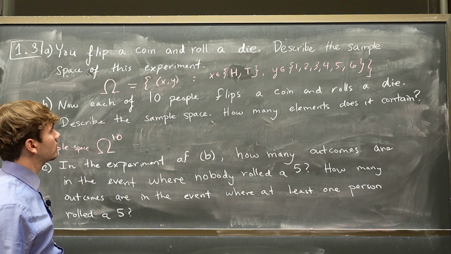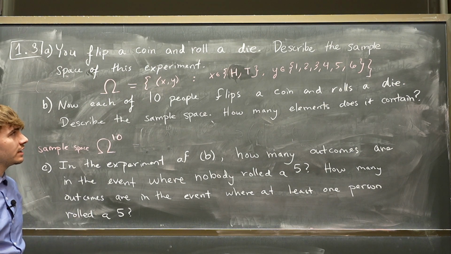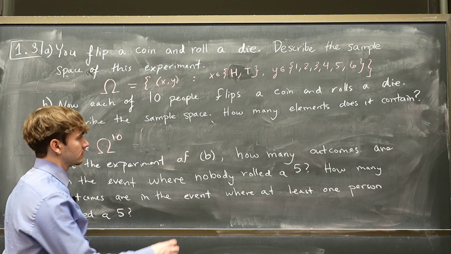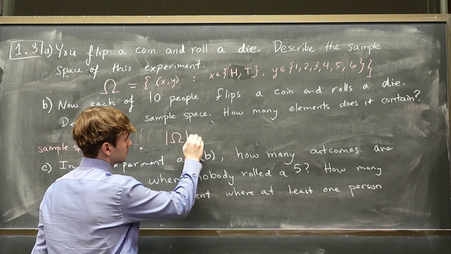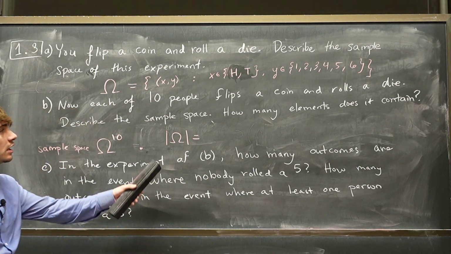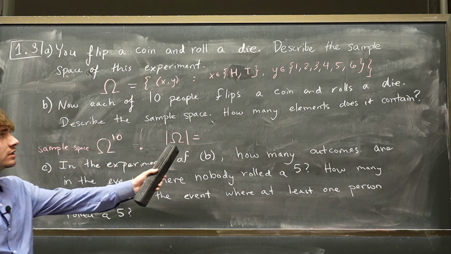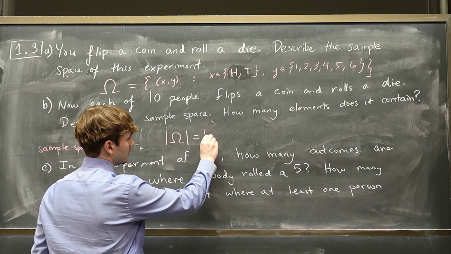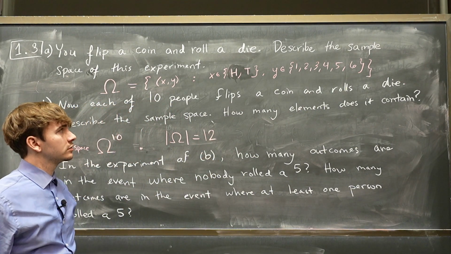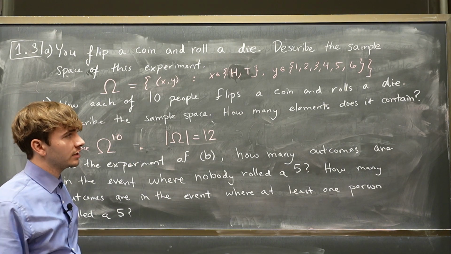Well, to answer that question, we need to answer the question of how many elements the original sample space contains. So the original sample space is going to contain 2 times 6 different elements, so namely 12 elements, okay? So I could enumerate those elements.